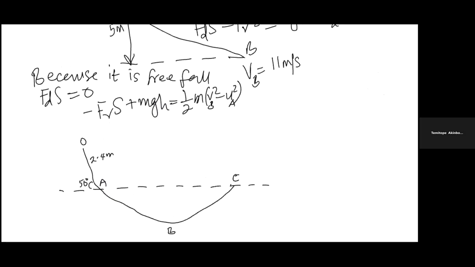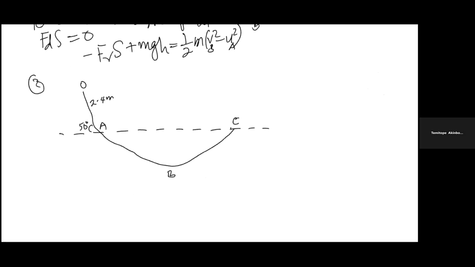So the question says OABC is a vertical cross-section of a smooth surface.